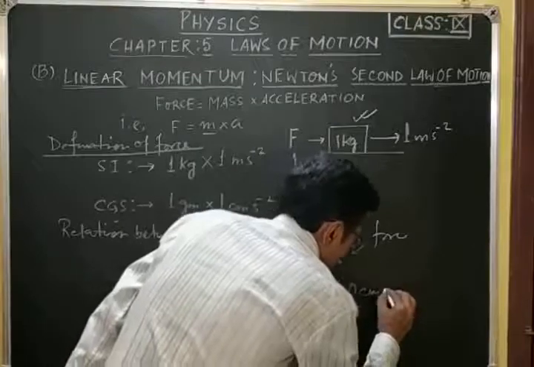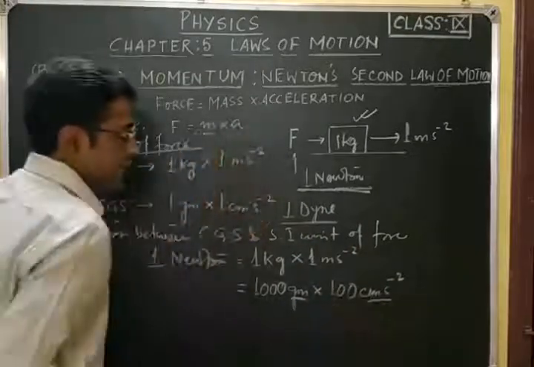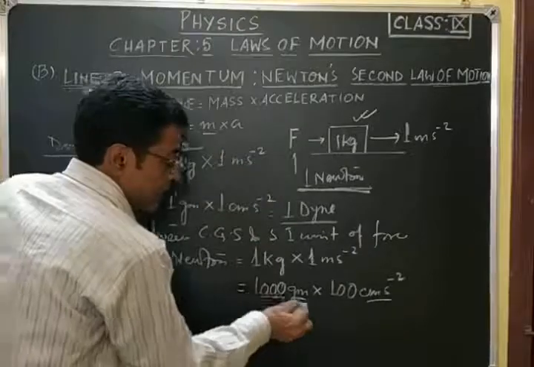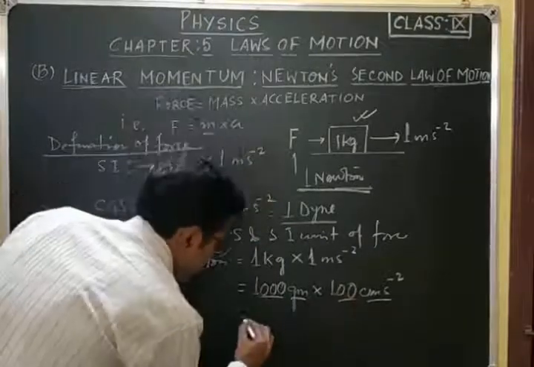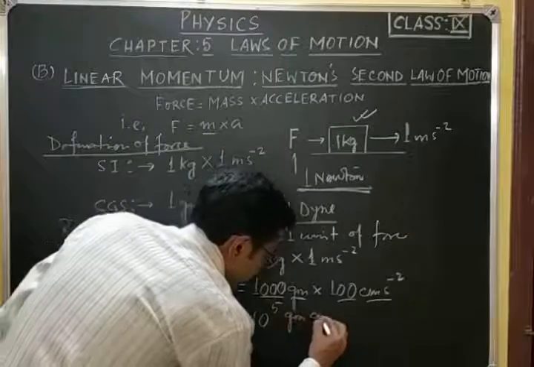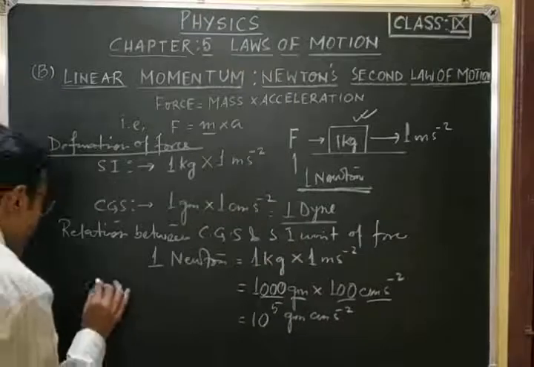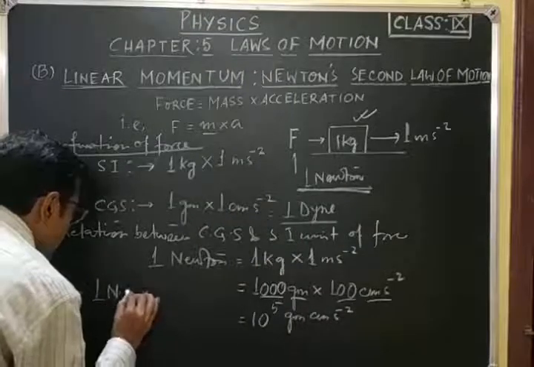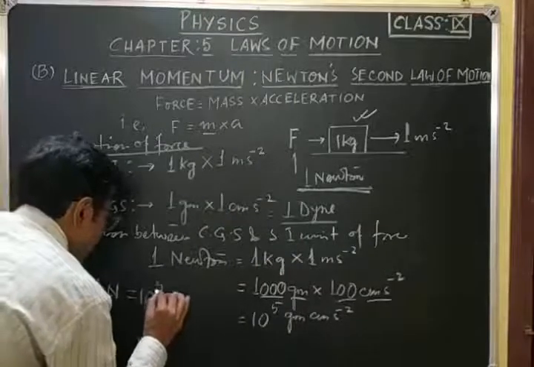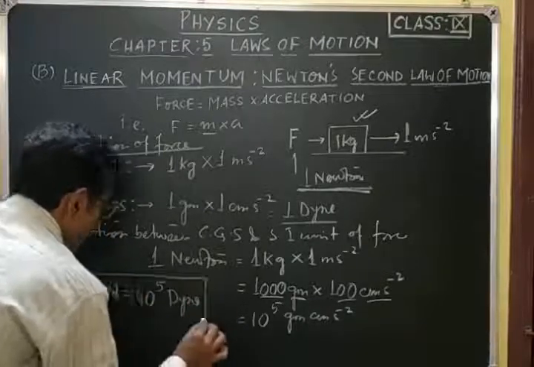So see, this is converted to gram centimeter per second square. How many zeros are there? 3 plus 2, 5. So 10 to the power 5 gram centimeter per second square. Therefore, very importantly, this is the relation: 1 Newton equals 10 to the power 5 dyne. Hope you have understood this.